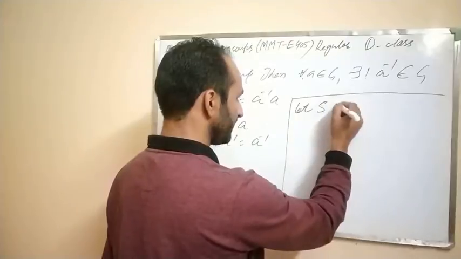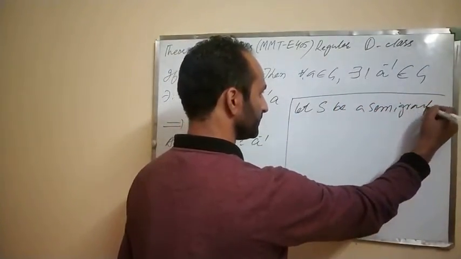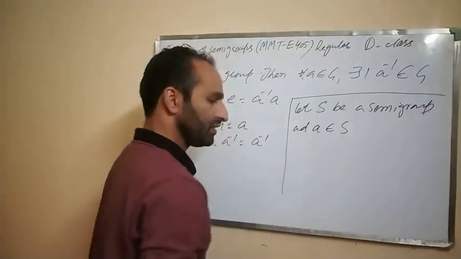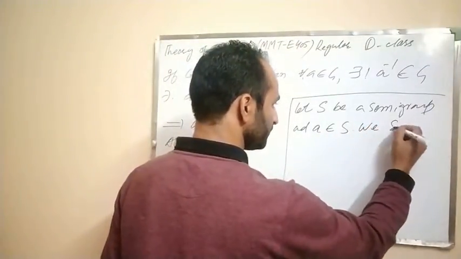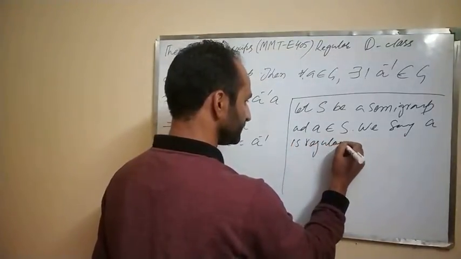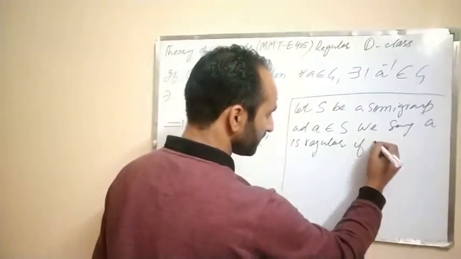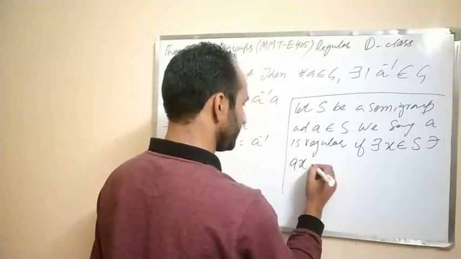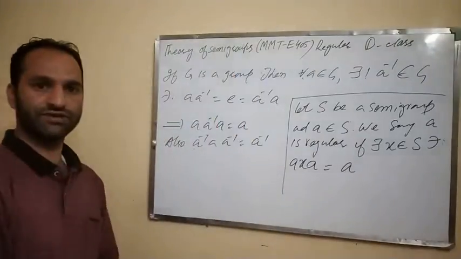Let S be a semigroup, and A belongs to S. We say A is regular if there is X in S such that AXA is equal to A. That's the definition of a regular element.